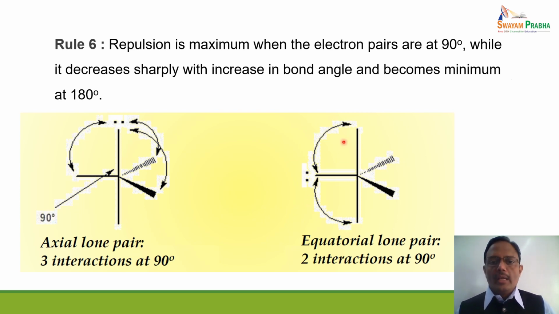Hence there will be less repulsion in this case, leading to more stability, and hence we can say that the lone pair in trigonal bipyramidal geometry will definitely occupy the equatorial position. This is an important outcome of this rule. The same will be the case for various molecules we will see in our next discussion.